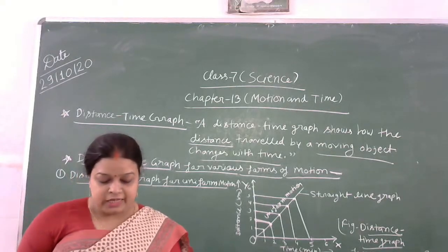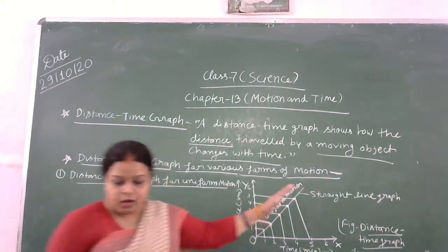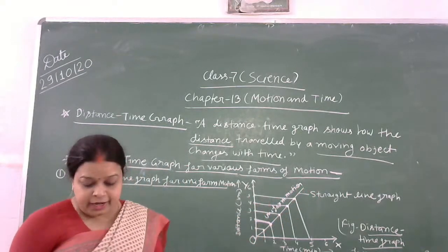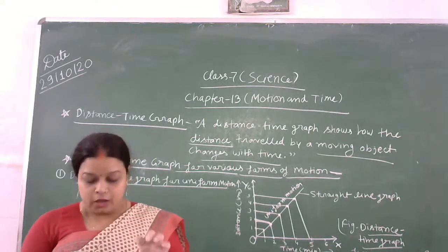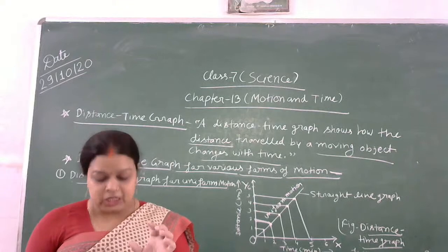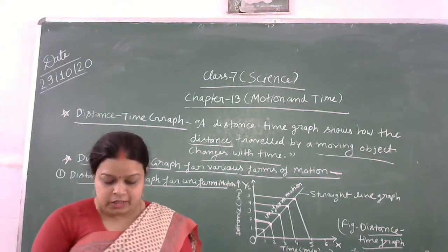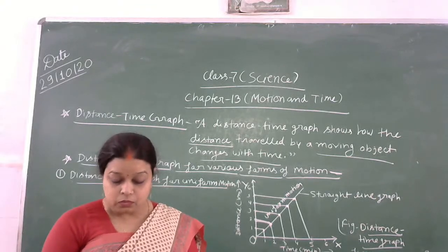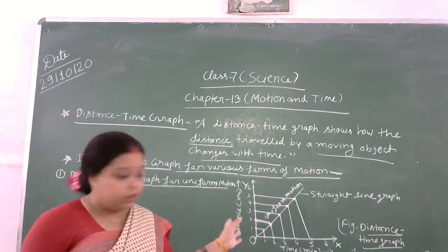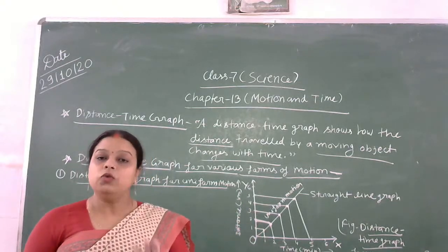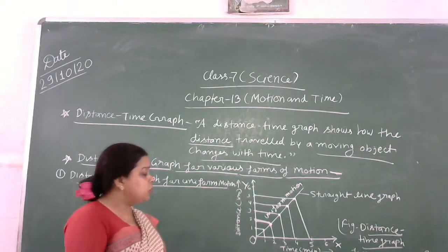When the distance time graph is a straight line, it indicates the object is moving at a constant speed, or in uniform motion.